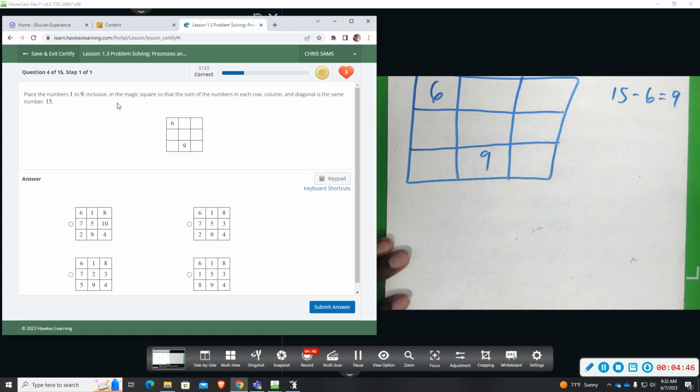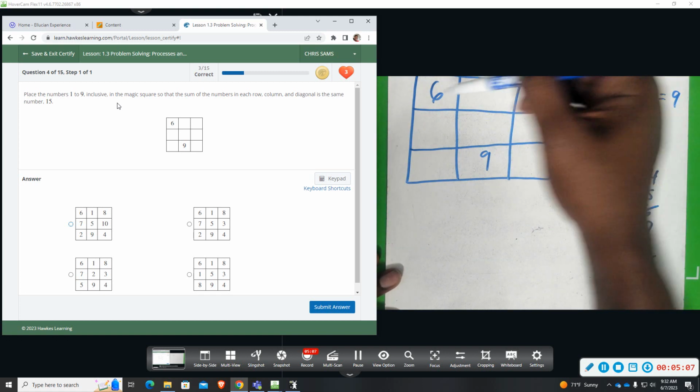So out of the numbers 1 through 9, 1, 2, 3, 4, 5, 6, 7, 8, 9, you can't use a number more than once. 6 and 9 have already been used. And so we want to find other numbers that add to be 9 to make this total be 15.